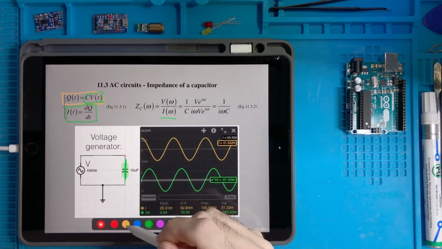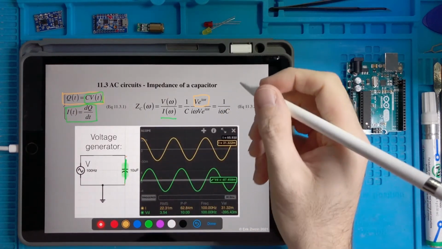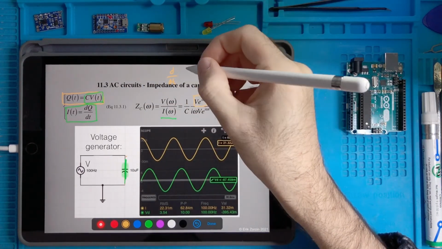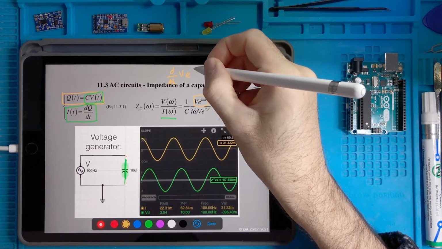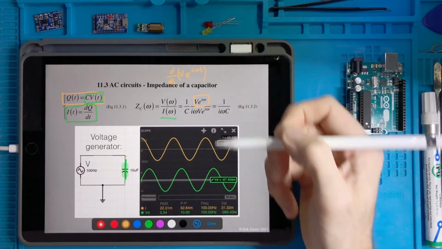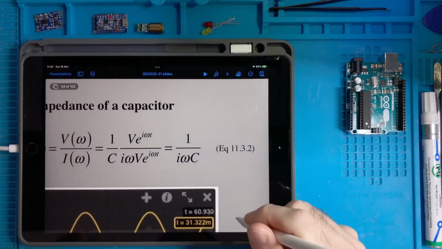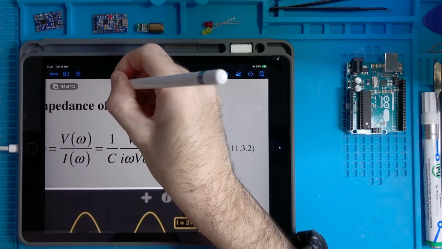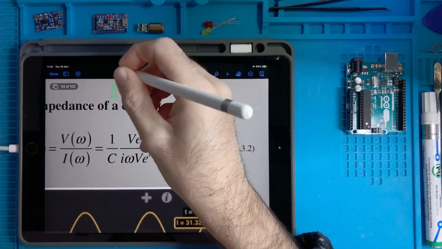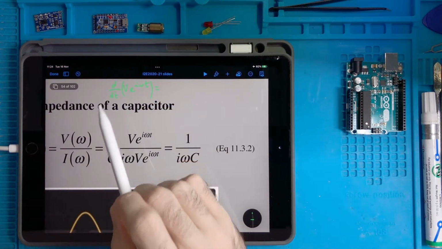Now the voltage V is a sinusoidal, like this, written as a phasor, and if we do this here, so time derivative of V e raised to the I omega t, this thing here, d over dt of V e to the I omega t. So V is the magnitude of this phasor, so it goes out.